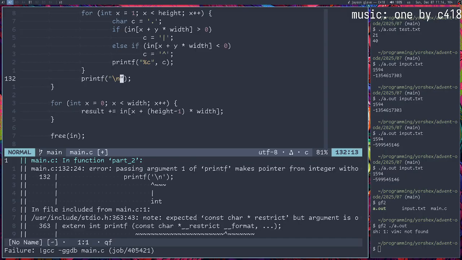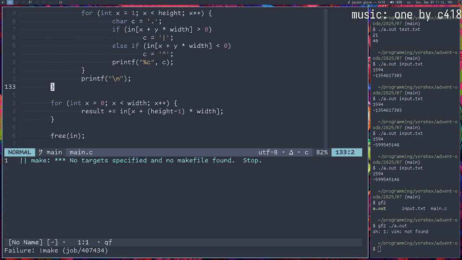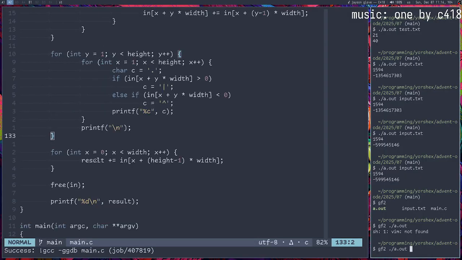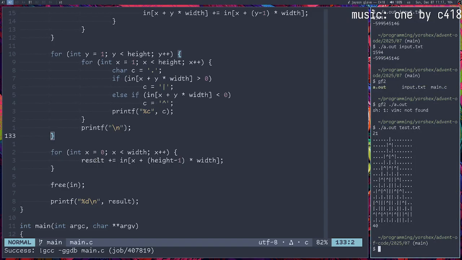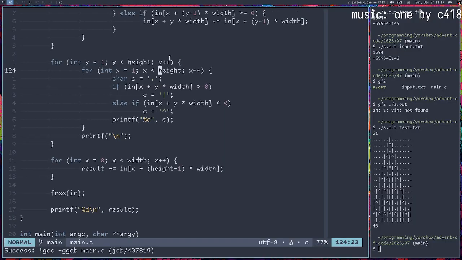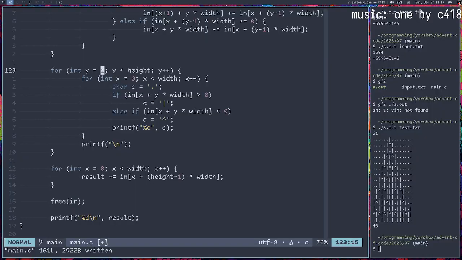Oh yeah, this is a character. Out test the txt. I messed it up a little.